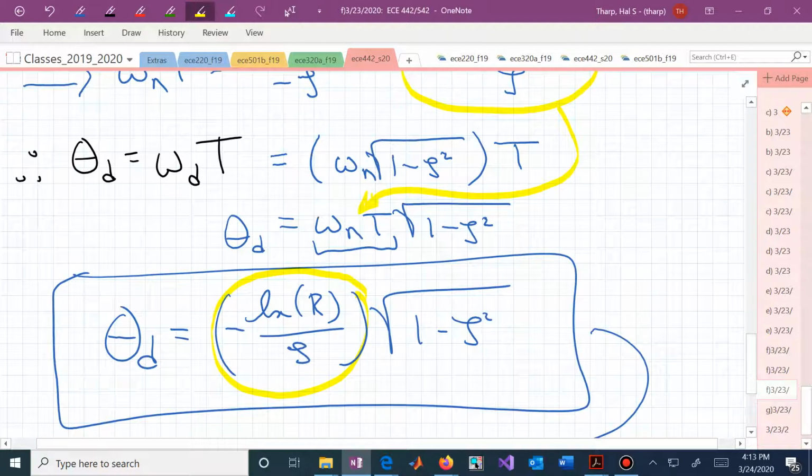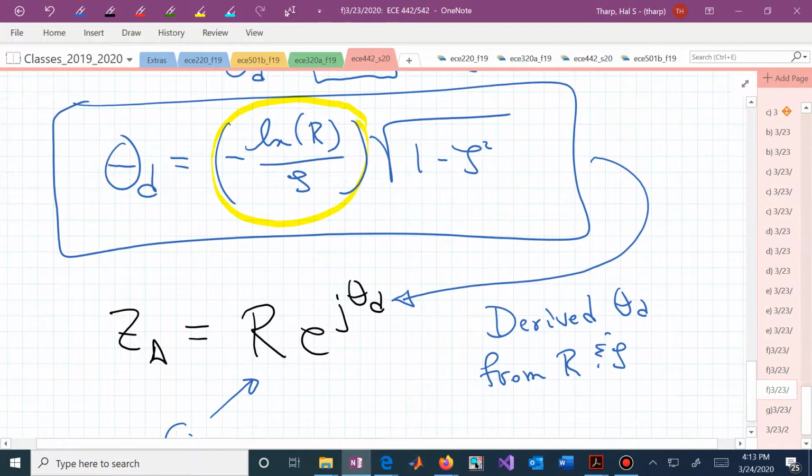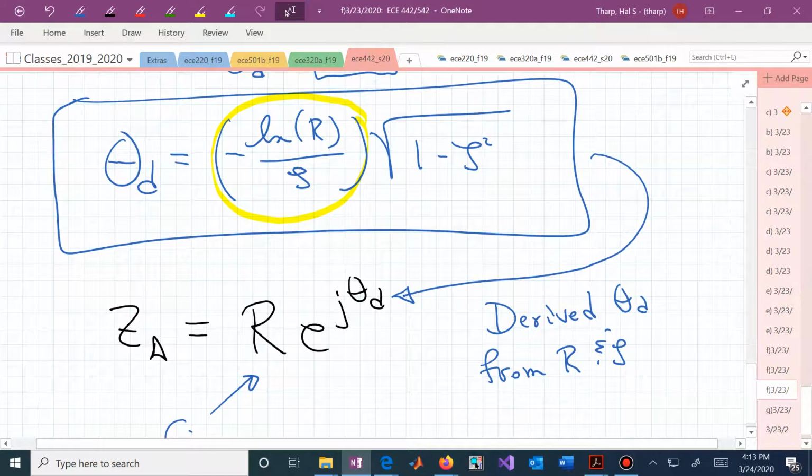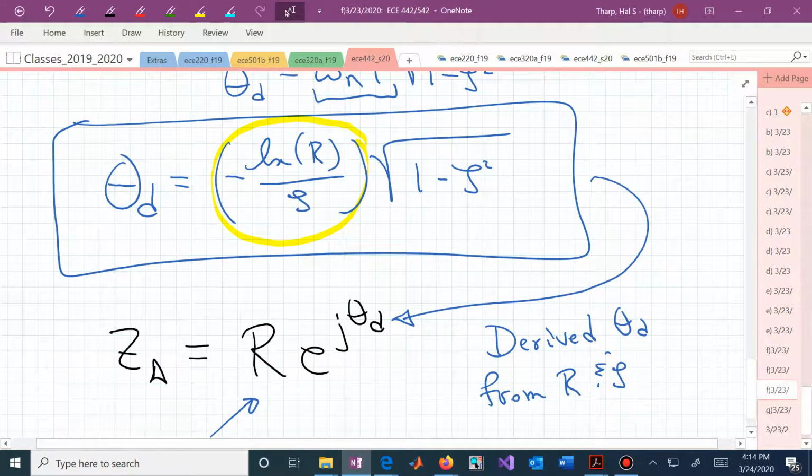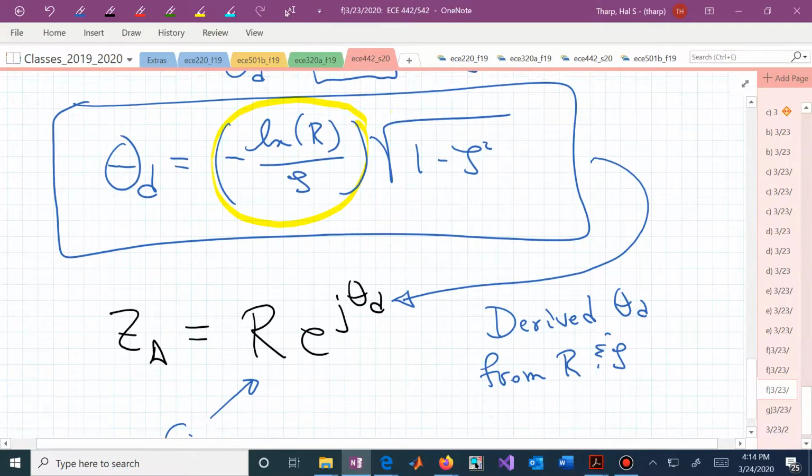Now we have an expression for theta sub d, the angle in our polar form of z sub delta. R was given by the settling time, and now we have parameterized theta sub d, the angle of that pole location, in terms of the radius and the damping ratio zeta.